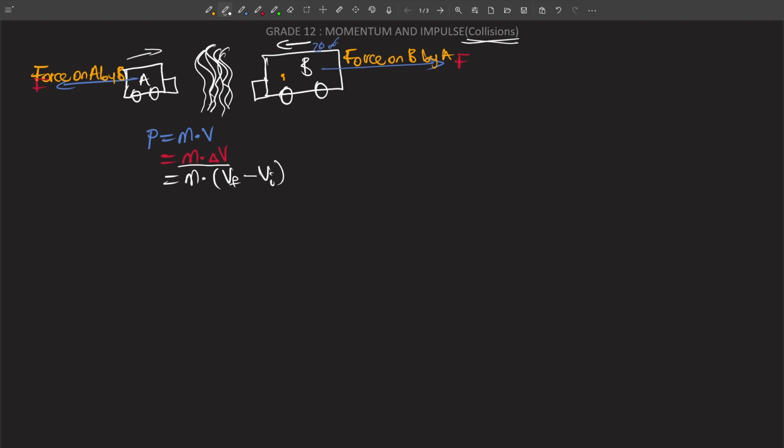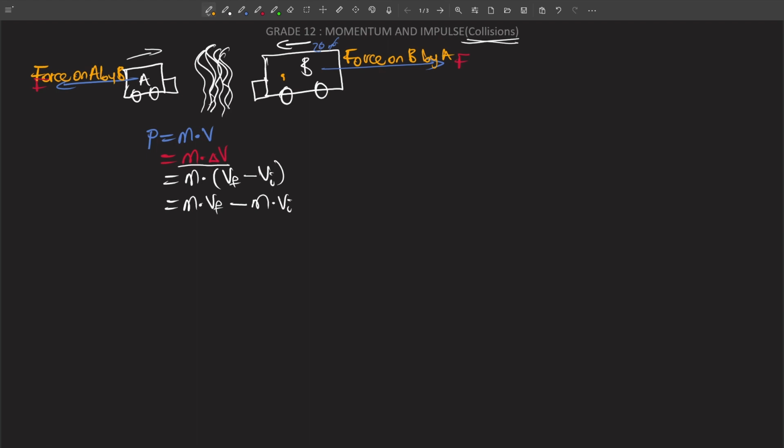Our final velocity is the velocity after the collision, and our initial velocity is the velocity before the collision. So we will have an object's mass multiplied by its final velocity, subtract the very same object's mass multiplied by its initial velocity.